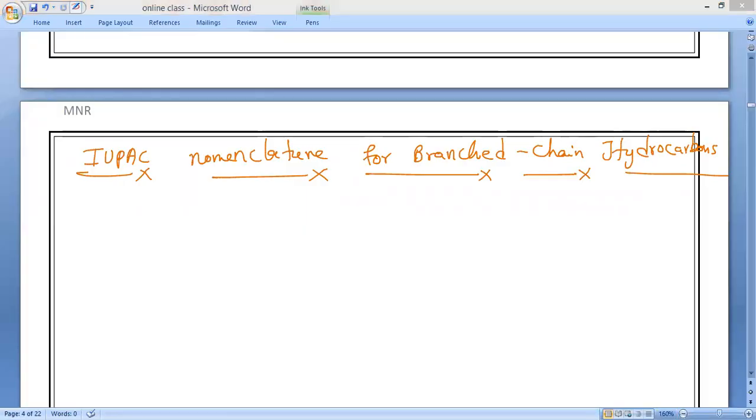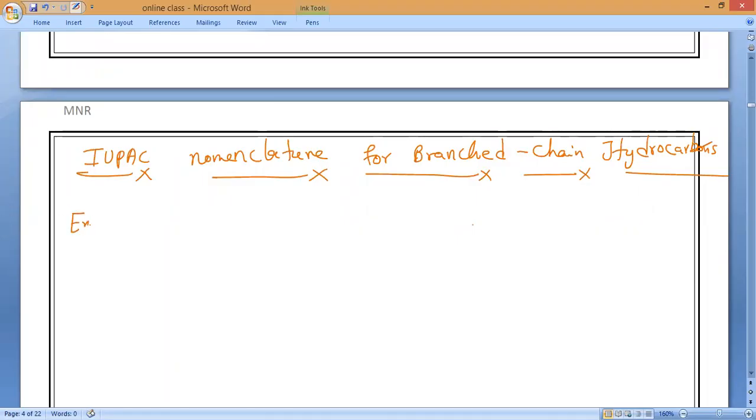When they are not straight, they are branched ones. So we have to be very, very careful when naming a branched chain. Let us discuss how to name it, starting with example one so that you will be clear.